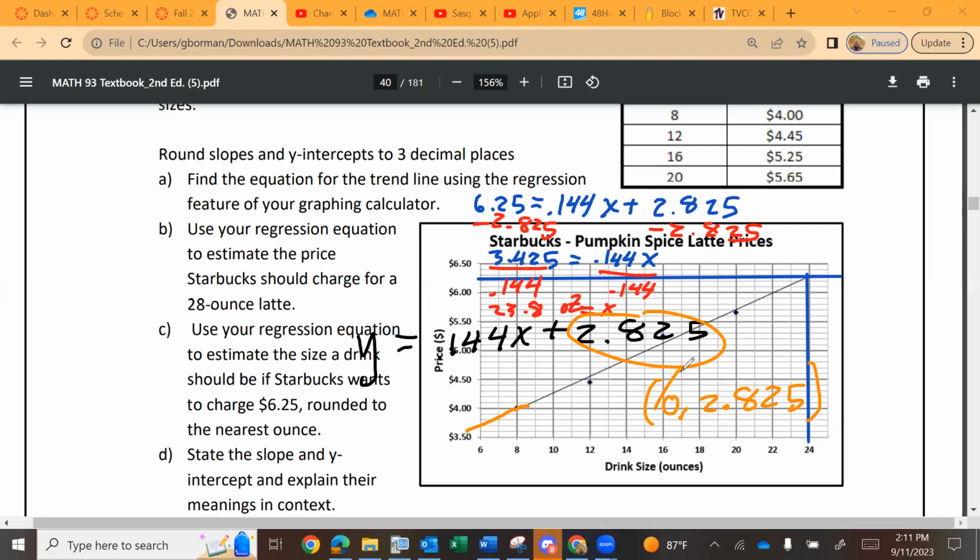Y-intercepts are on the y-axis where x is 0 every time, and then this guy is just the y-coordinate. So remember, x stands for ounces in this problem. y stands for dollars.